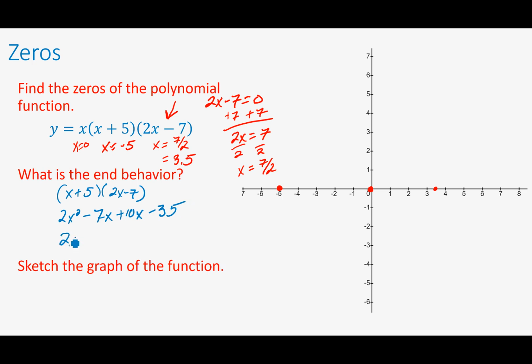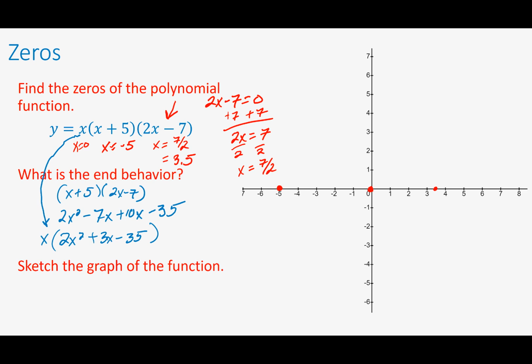And so I have 2x squared plus 3x minus 35. But do not forget about that x that we also have going on.